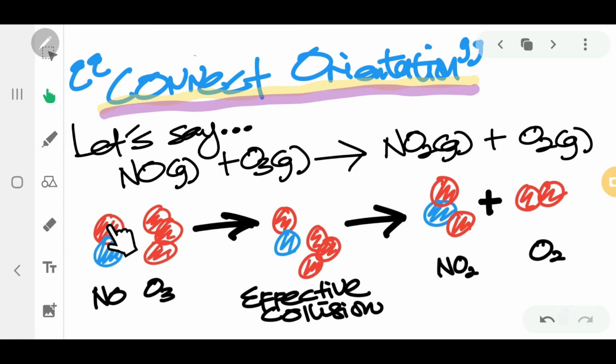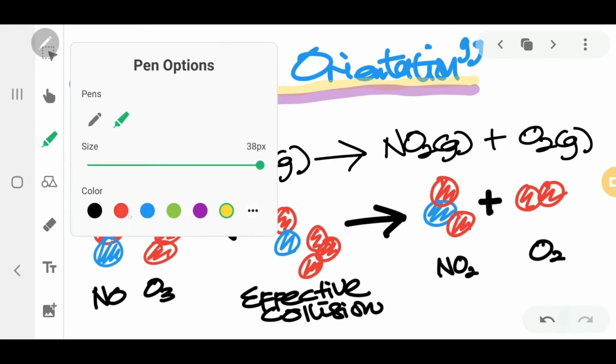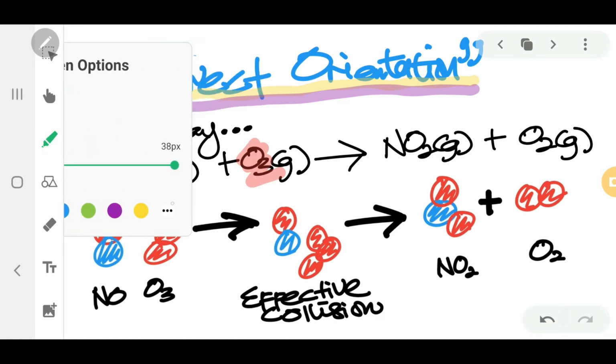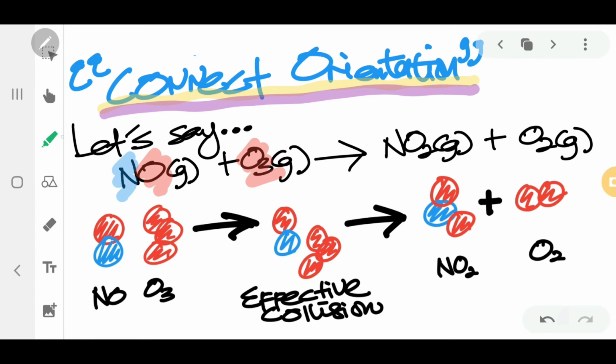Let's say the red ball represents the oxygen atoms, okay? And the blue ball represents your nitrogen. And we have another oxygen right there.